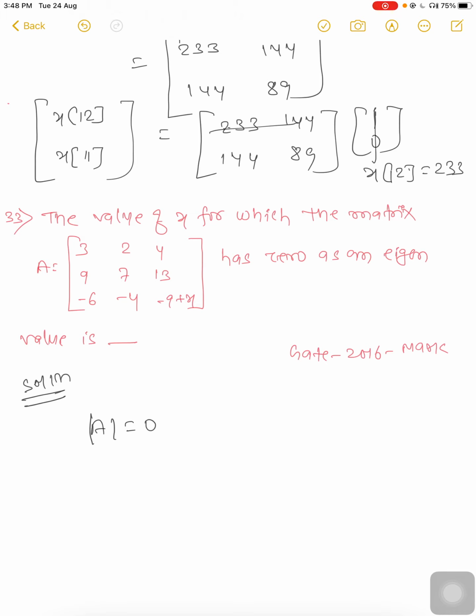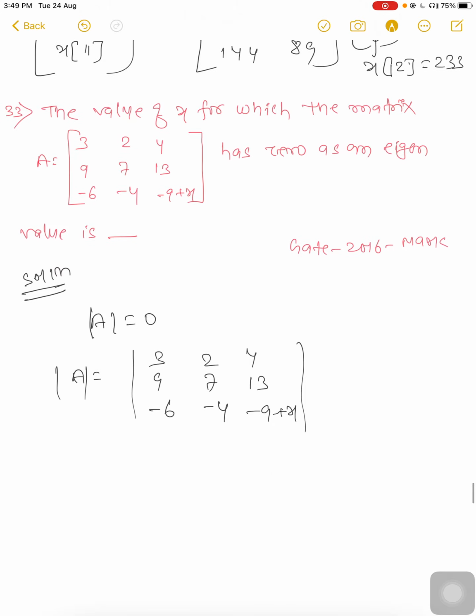So then after simplification you will get here A equal to, take the determinant, 3 9 minus 6 2, 7 minus 4 4 13 minus 9 plus x. First, simplify it. How can we simplify it?